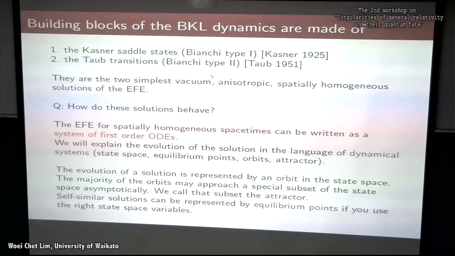So Kasner solutions appear as fixed points or equilibrium points, saddle states, and Taub solutions appear as orbits connecting these fixed points. So Taub solution describes transitions between Kasner states. And these are Bianchi type 1 and type 2 solutions.